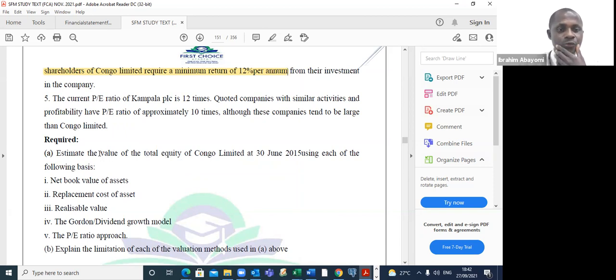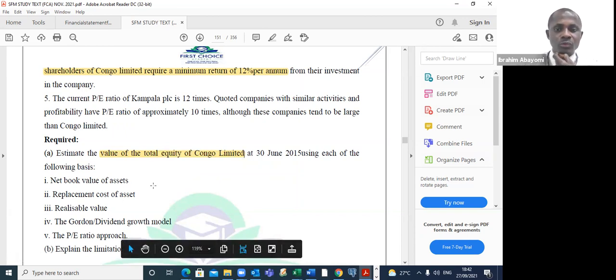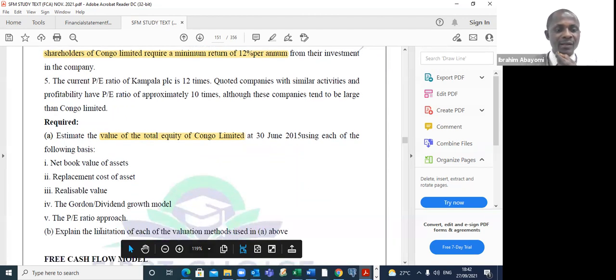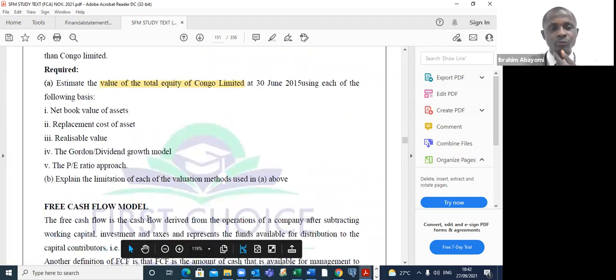Total market value of equity, not corporate value. Using each of the following bases: 1, net book value of assets, replacement cost of assets, realizable value, the Gordon/dividend growth model, and the price earnings ratio.